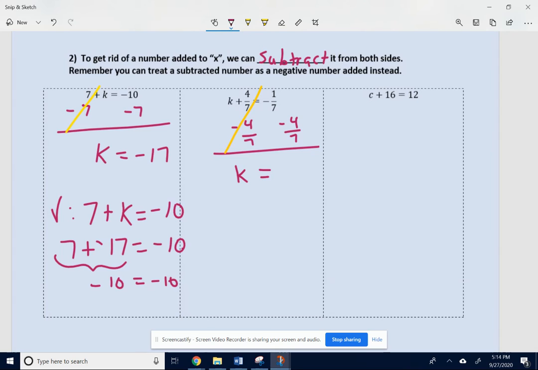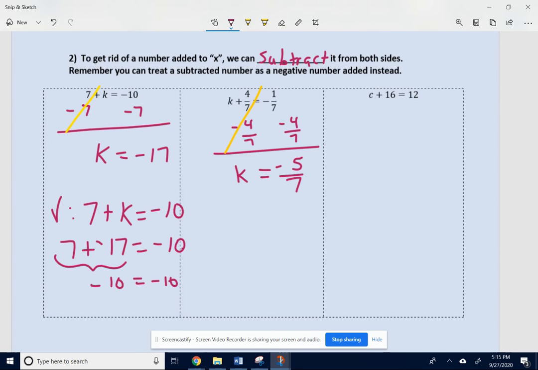So we have negative 1/7 minus 4/7, but you could think of it as a negative 1/7 and a negative 4/7 added together. If we add two fractions with the same denominator, we keep the denominator and add the numerators. A negative 1 plus a negative 4 is a negative 5. So negative 5/7.